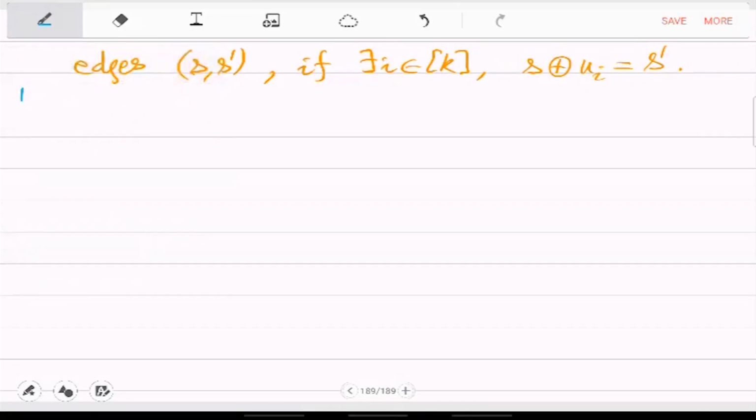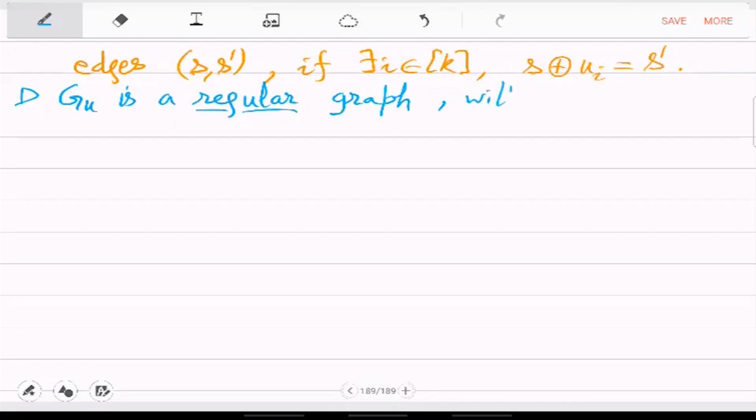So that's how you have the connectivity in this graph GU. The first property to note is that GU is a regular graph with every vertex of degree k, right? From s there are k directions you can go to using u1 to uk respectively. So that makes GU a regular graph.